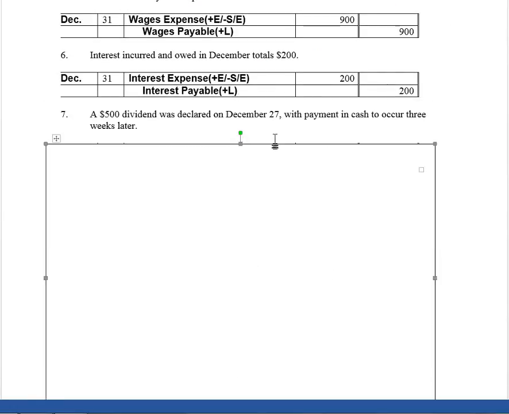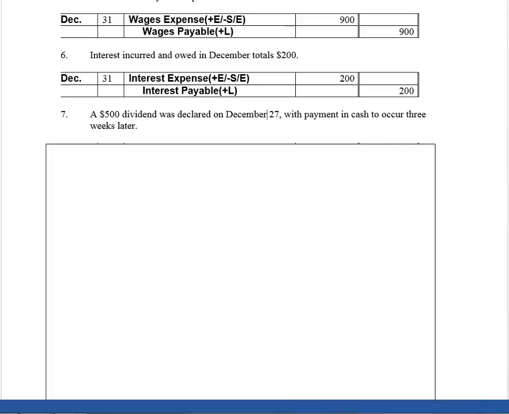We have another transaction here related to dividends. It says there was a $500 dividend. It was declared on December the 27th, but we're not going to pay it for another 3 weeks. Well, another 3 weeks would take us into a new year, into 2010. So at the end of 2009, we've got to show that dividend that we declared, not only as being declared, but also as being payable.